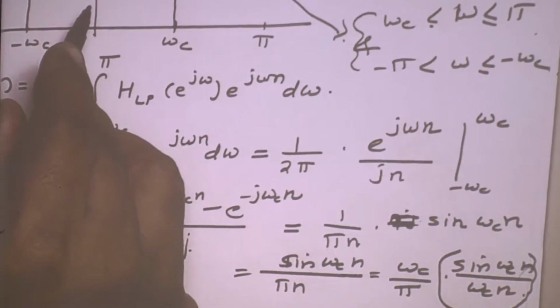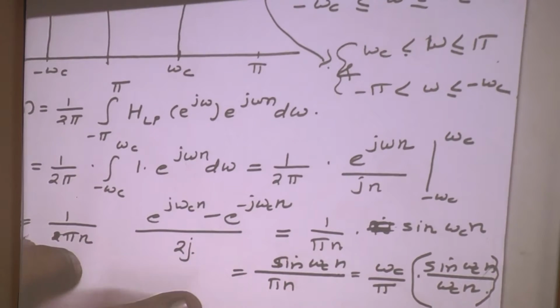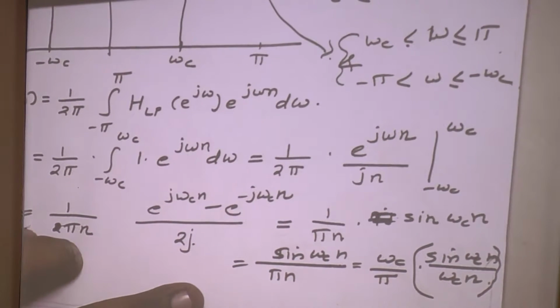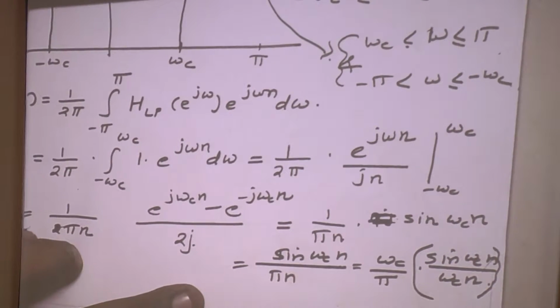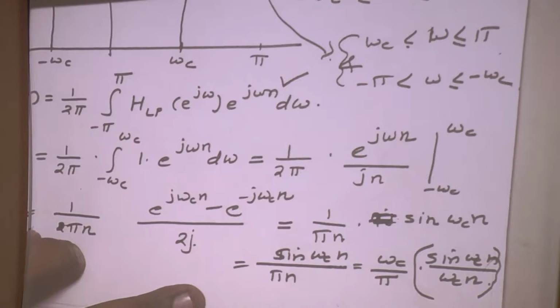The function given was in the frequency domain. What did we do here? We have actually determined the inverse Fourier transform, the inverse discrete time Fourier transform. This is an expression for the inverse discrete time Fourier transform.